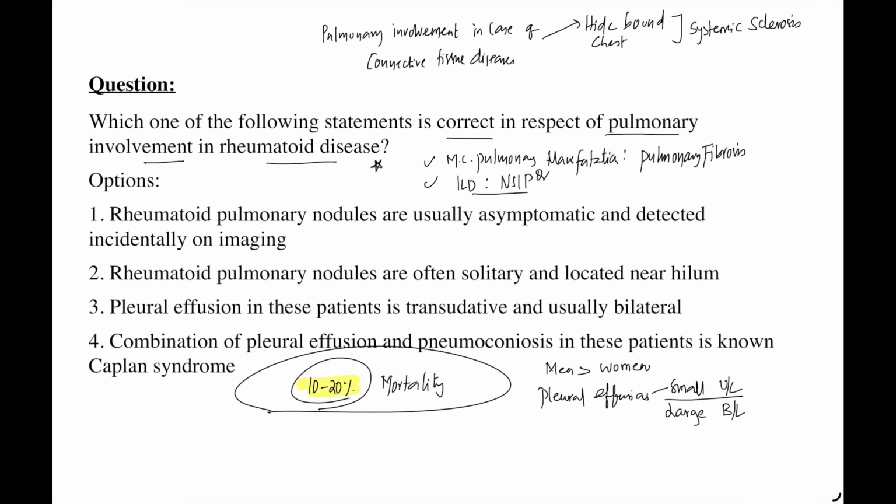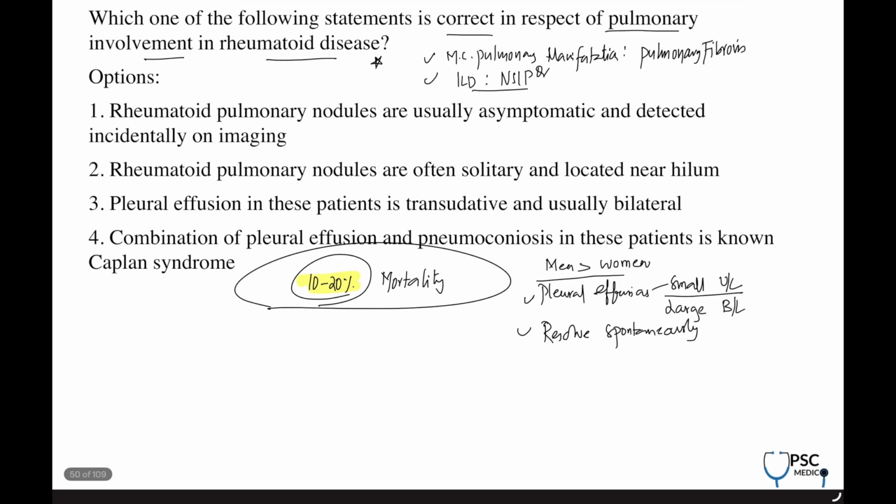And they don't require treatment, they resolve spontaneously. Each line is important because in multiple completion questions, you need to know the topic as a whole, as if you're reading for a theory exam. More common in men, pleural effusions are small, unilateral most of the times, and they resolve spontaneously.